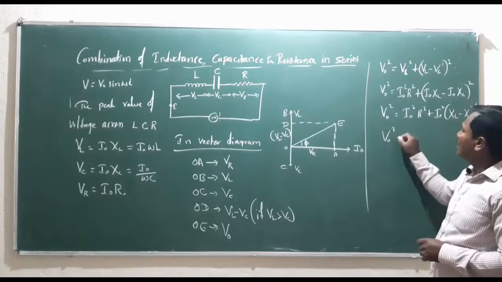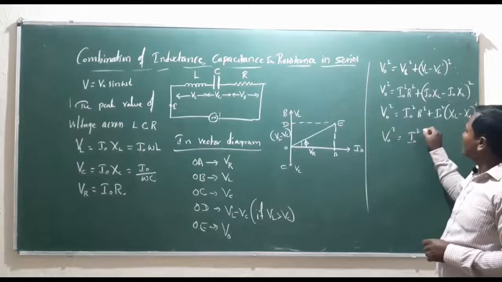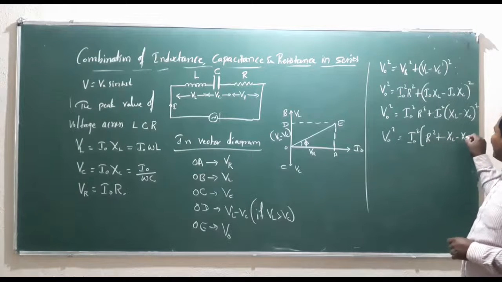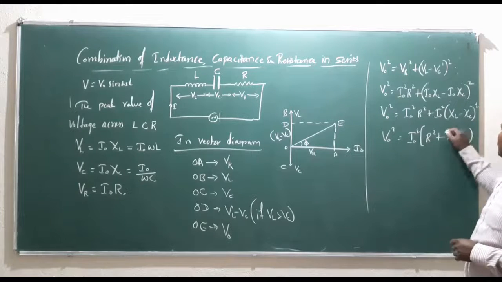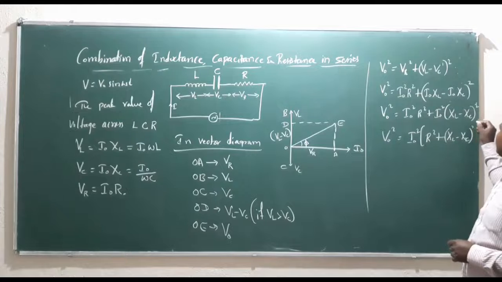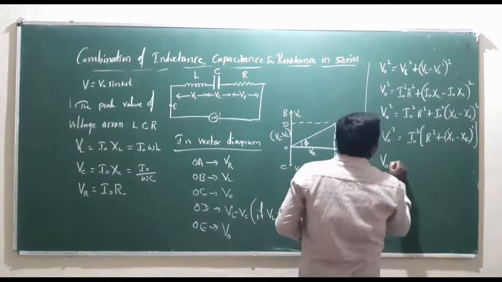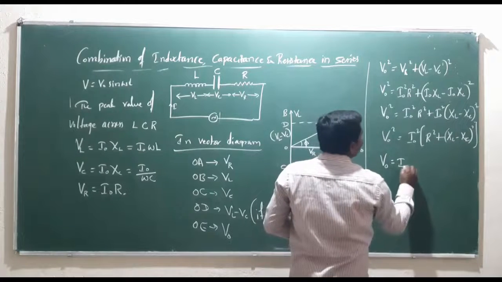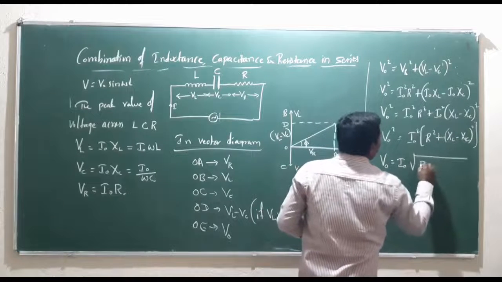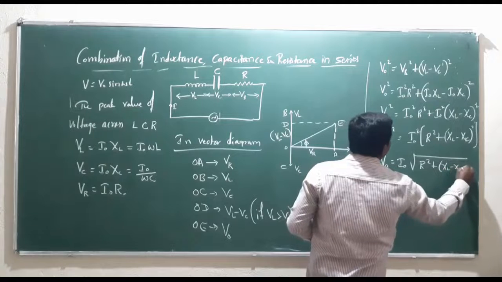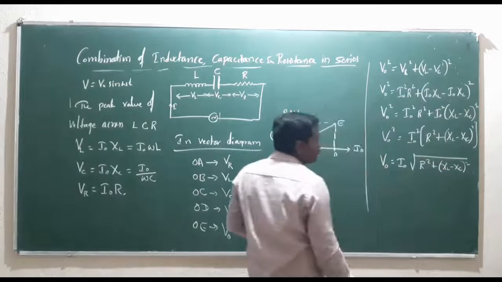V naught square is equal to I naught square into [R square plus (chi of L minus chi of C) whole square]. So here V naught is equal to I naught square root of R square plus (chi of L minus chi of C) whole square.